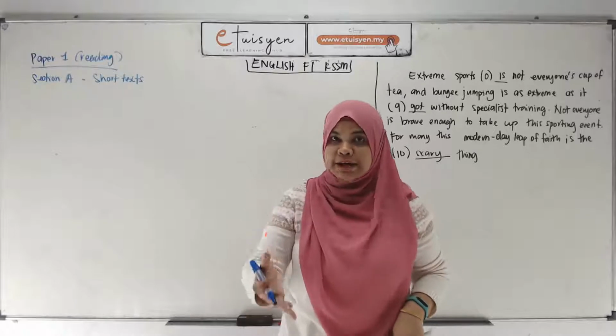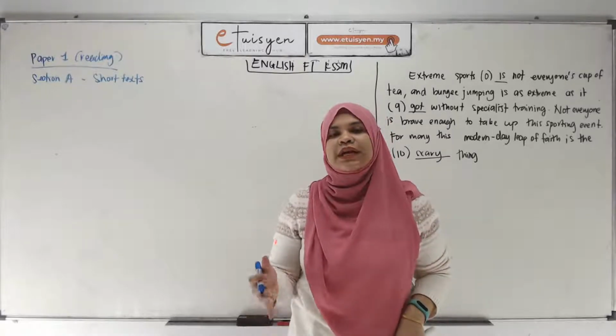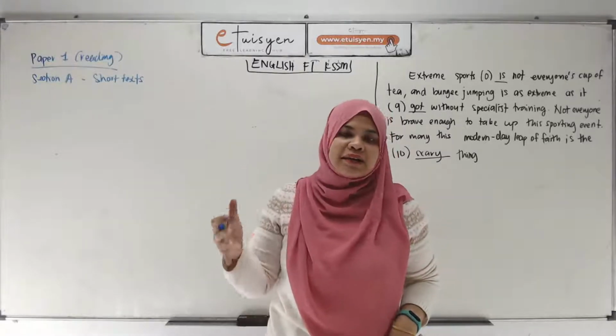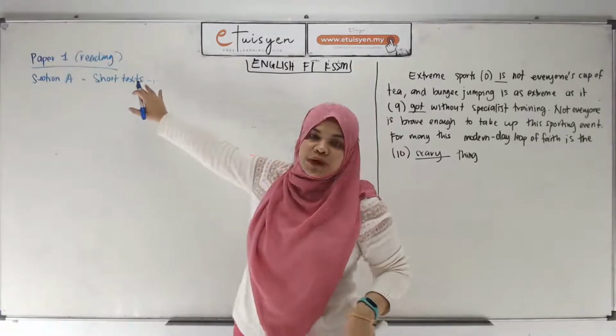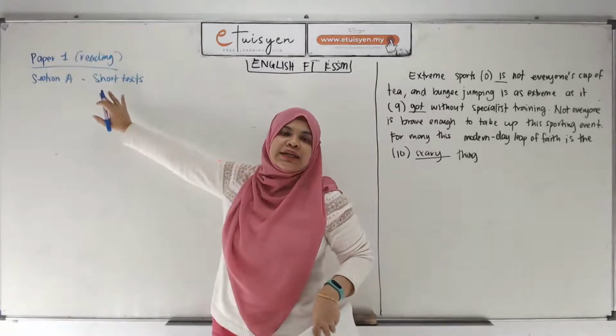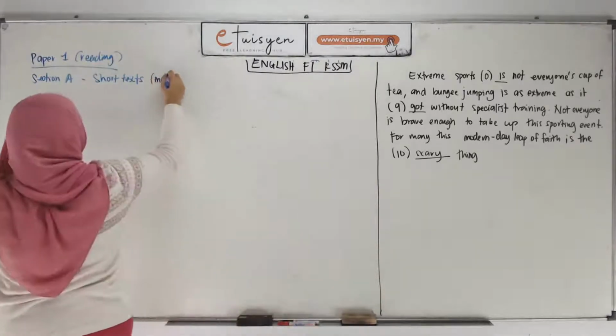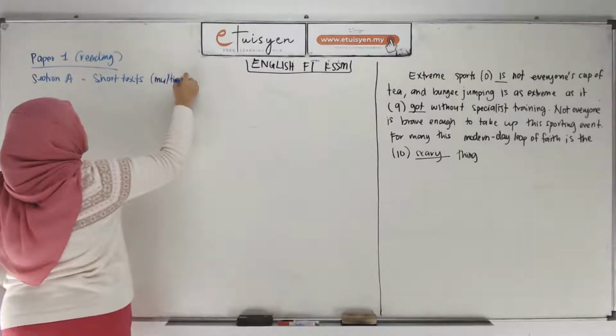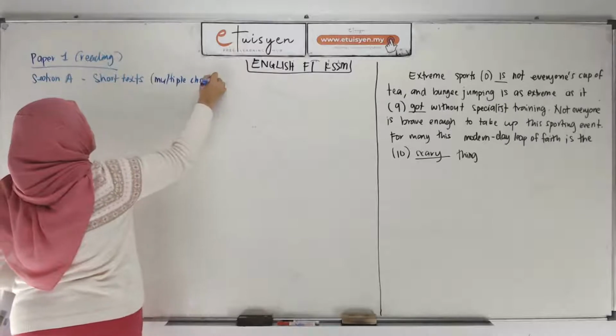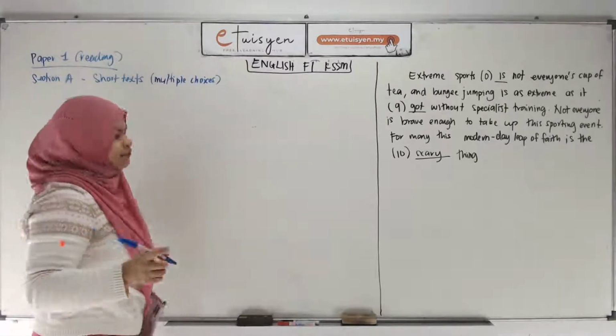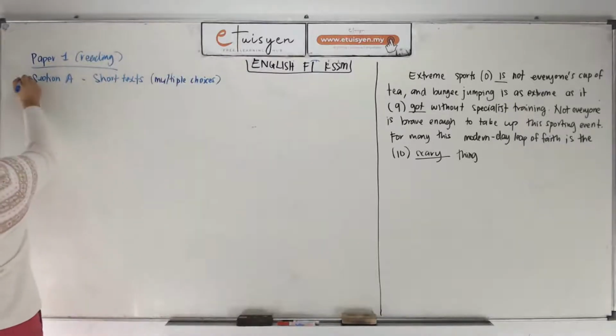Okay, semua ni kita akan cover, but not today. What I'm going to focus today is on the second portion, which is on error correction. So this is one of the things that you be asked, macam mana nak jawab soalan. Ini multiple choice. So dia akan bagi you semua gambar-gambar tu, and then you have to answer the question and pilih mana yang paling sesuai dengan soalan. Okay, so these are multiple choices. This is the first section.